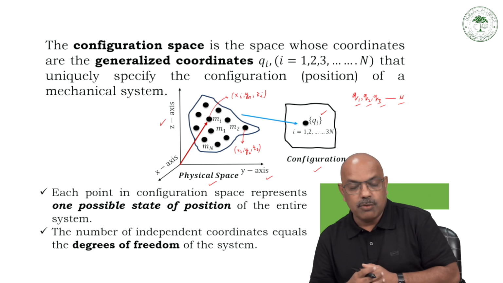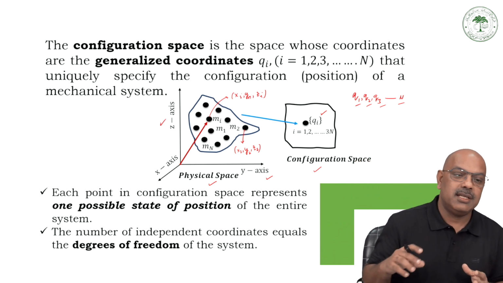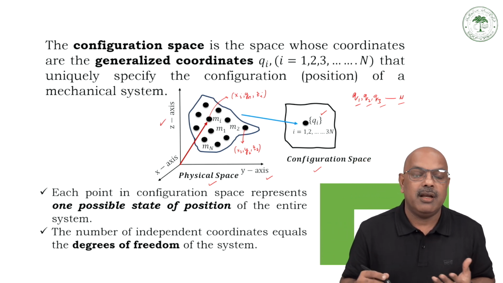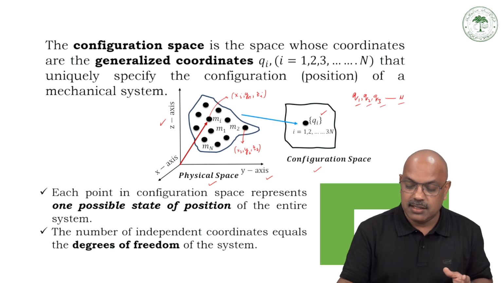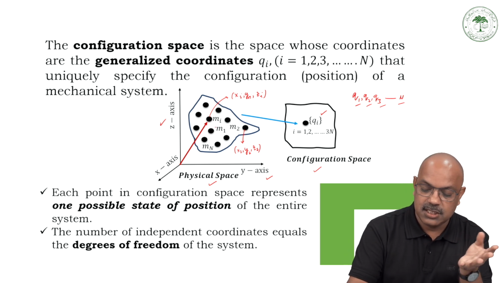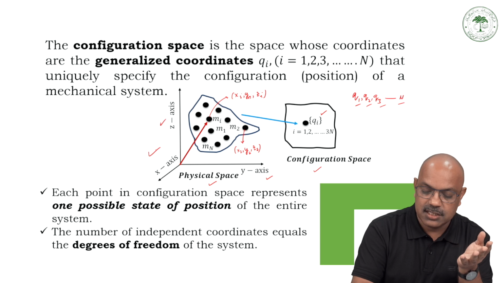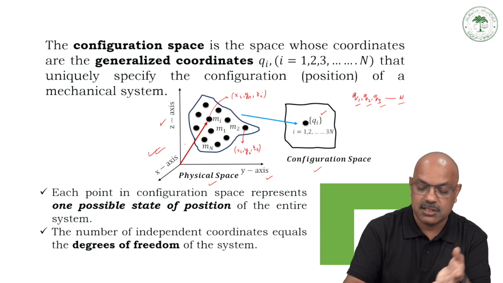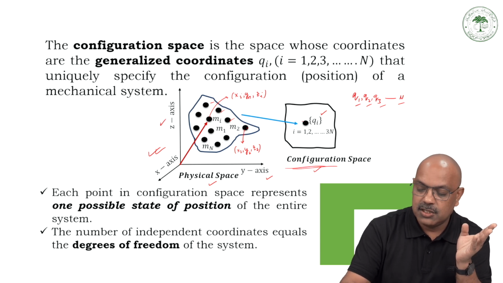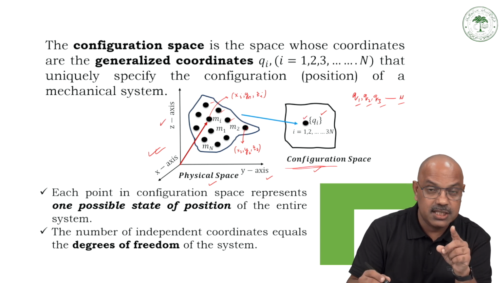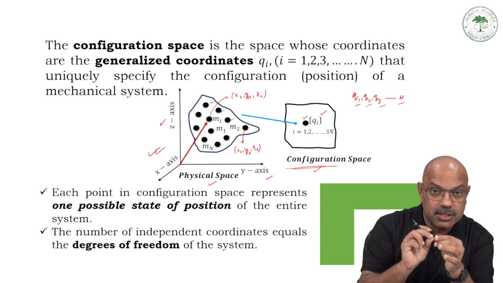So how to look at things? Each point in configuration space represents one possible state of the position. Here you have this totality, which is one configuration of the system consisting of these particles. But when you move to configuration space, one point in the configuration space gives you one configuration of the system.